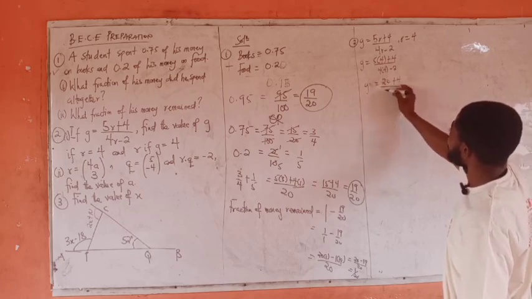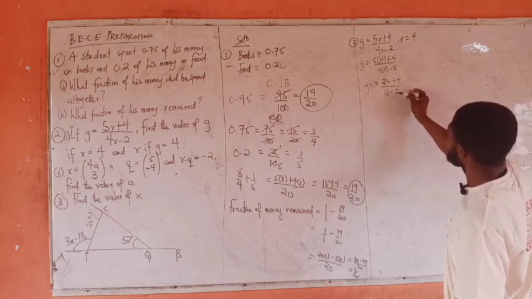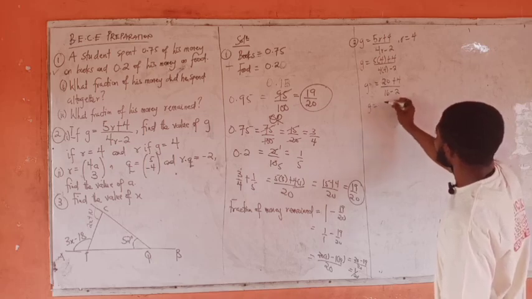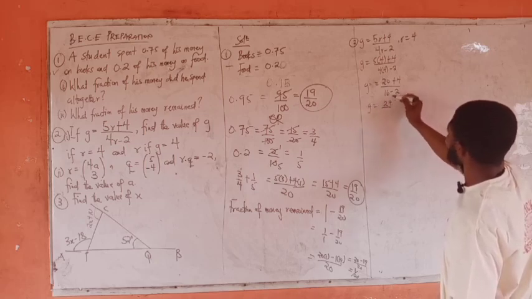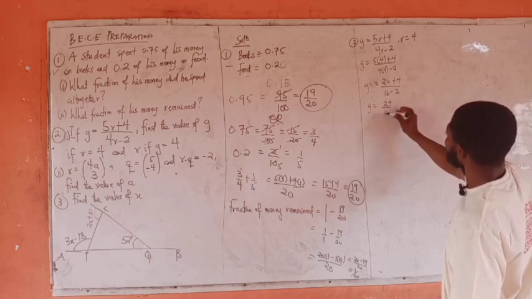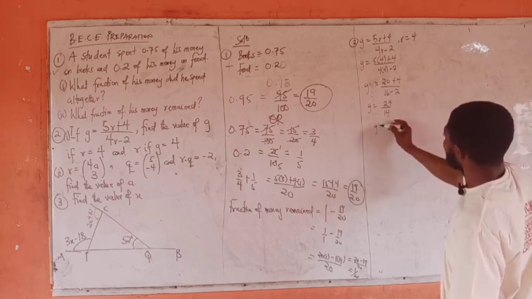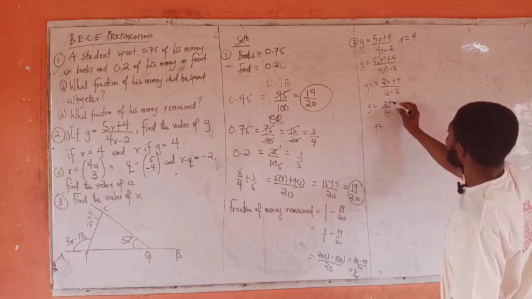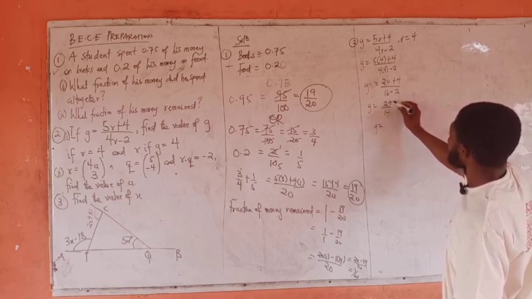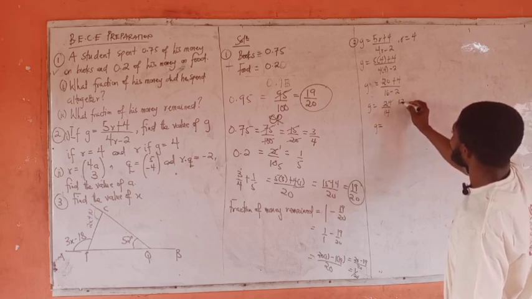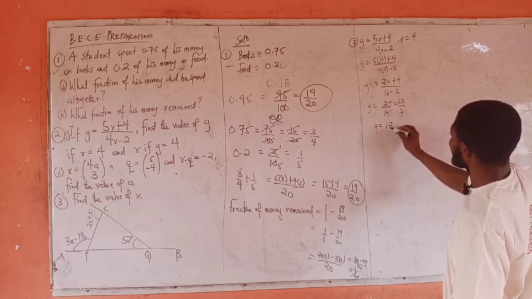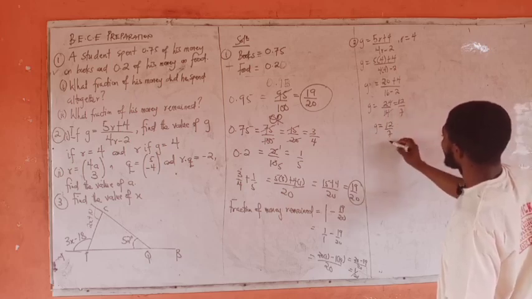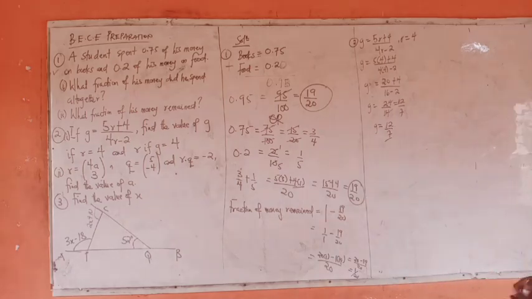Over 4 16, minus 2 is 14. So 24 over 14, which simplifies to 12 over 7. This is the value of j when r is equal to 4.